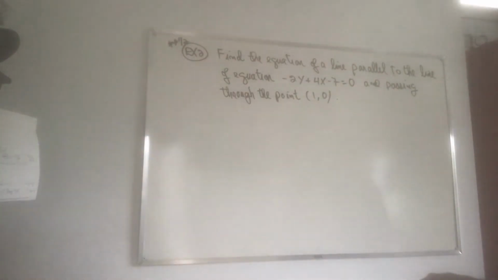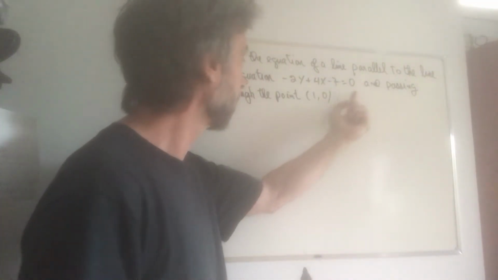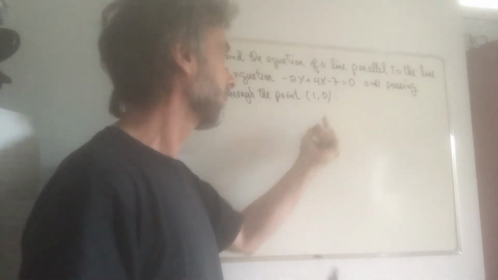So find the equation of a line parallel to the line of equation minus 2y plus 4x minus 7 is equal to 0, and passing through the point 1, 0.